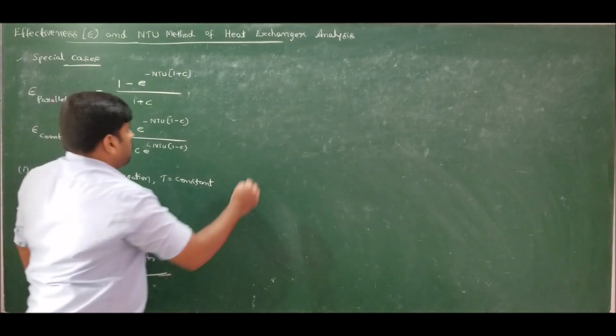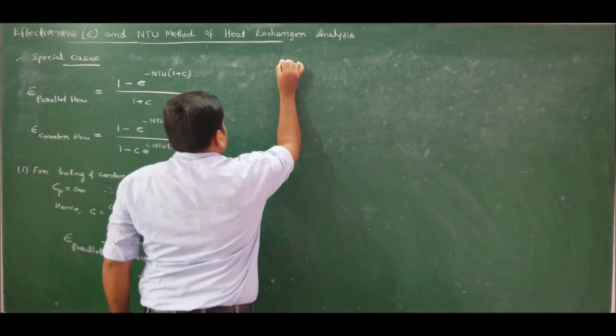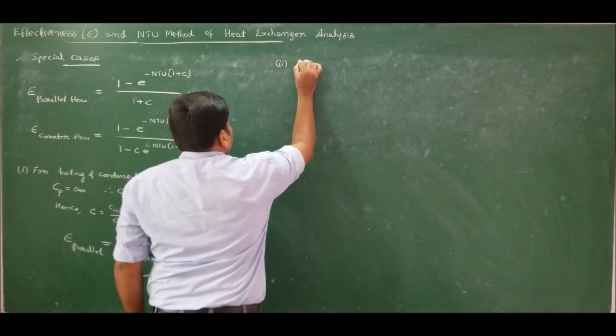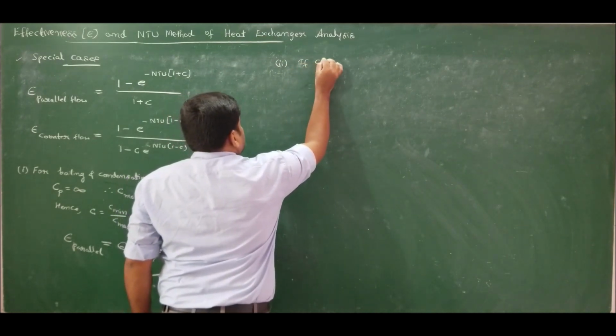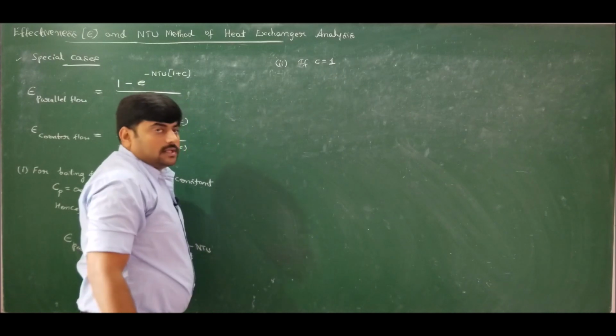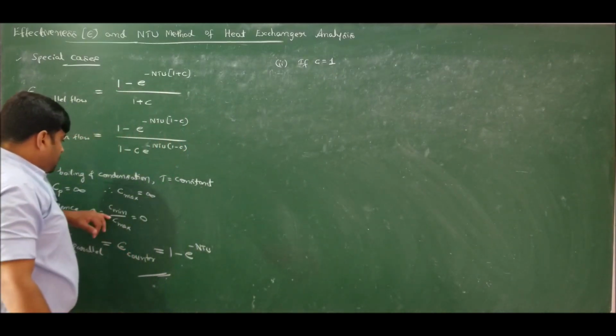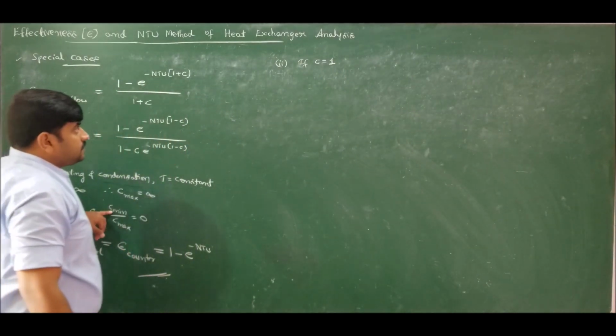Next, the second very important case is if C is equal to 1, that is C max is equal to C minimum.